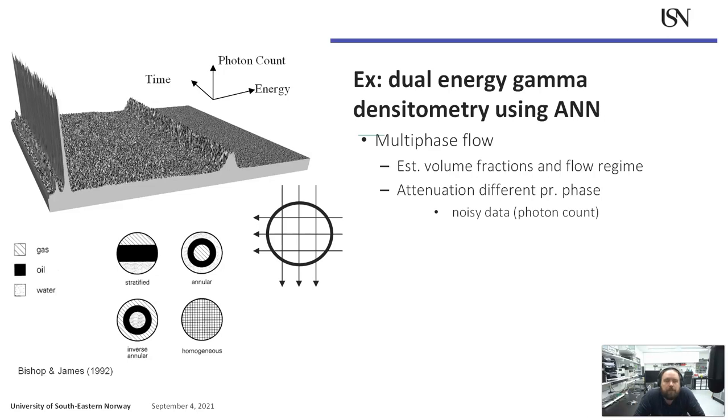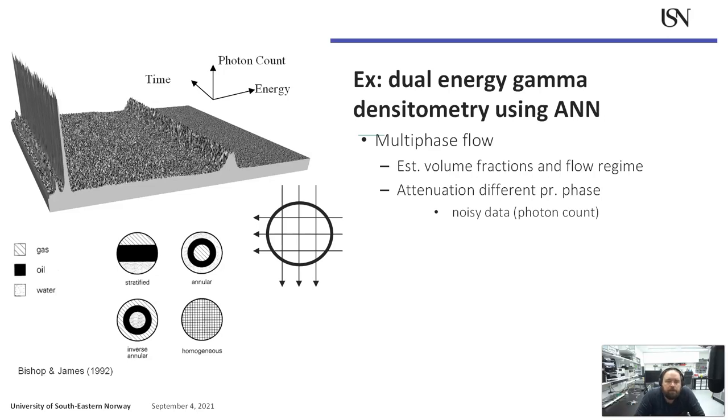That is some pipe or some container which has both water, air and oil in it, or gas, oil and water, and then trying to estimate the volumetric fractions of each of these three phases, and preferably also estimate the flow regime, that is to estimate how those three phases are distributed inside the pipe.